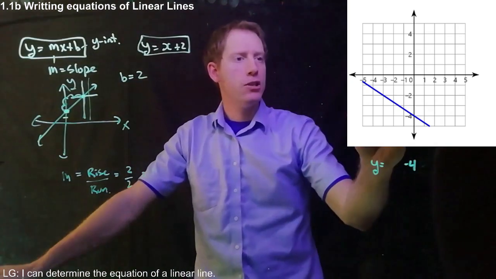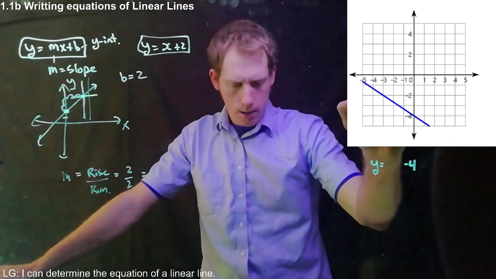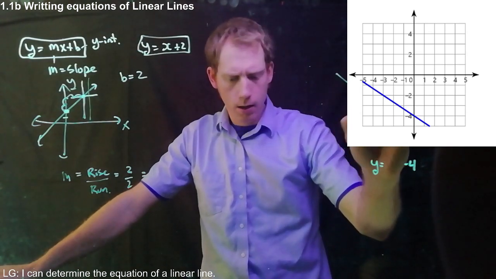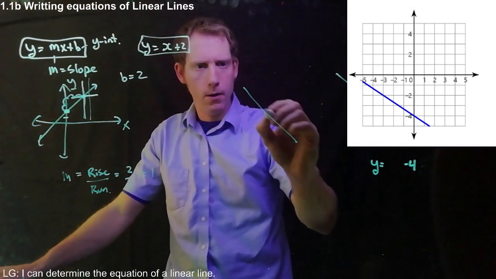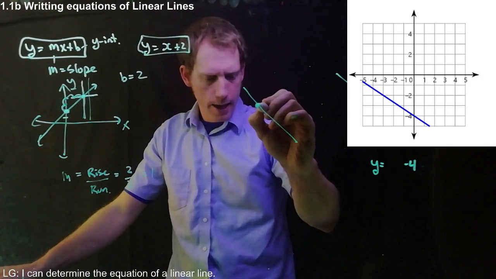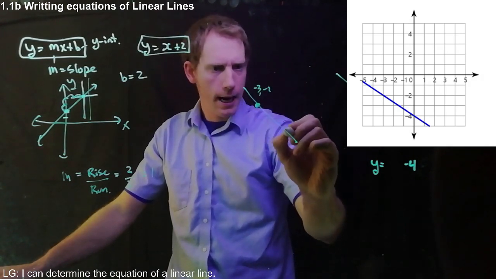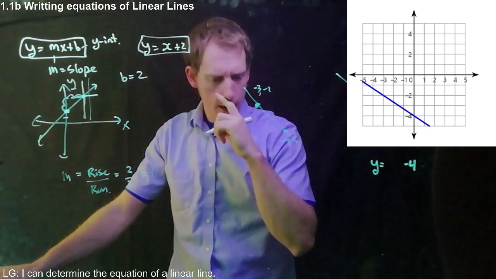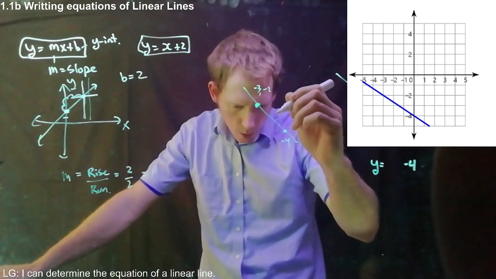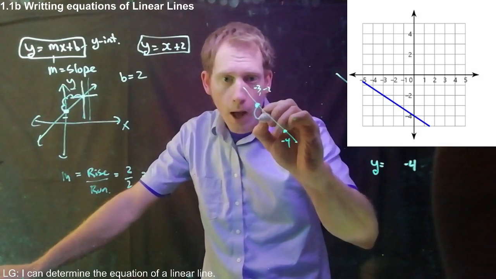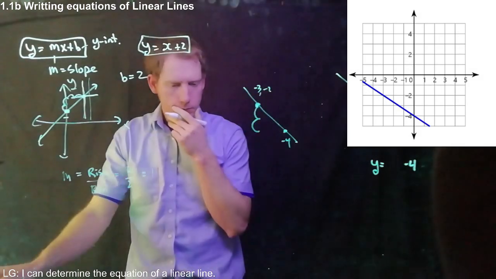Okay? So we can see that at -3, -2, it hits there, and it hits at -4. And so how many units do we go down? We go down 1, 2.